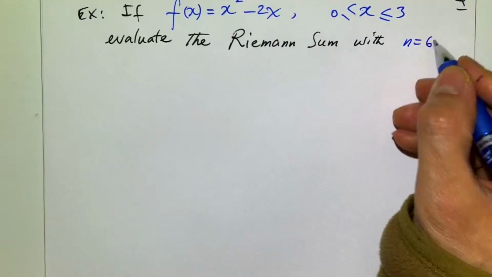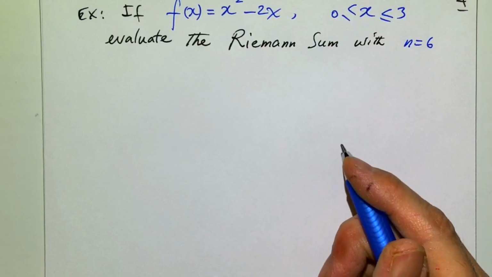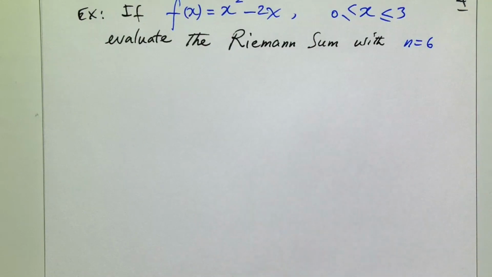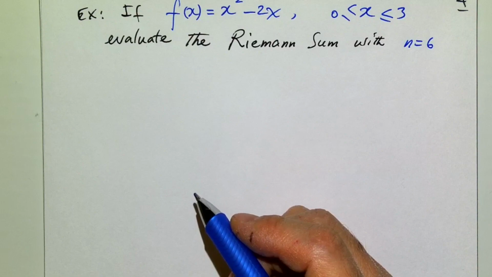Remember what n was? N is the number of rectangles that we use to calculate the Riemann sum, the number of intervals which give us the rectangles under the curve.